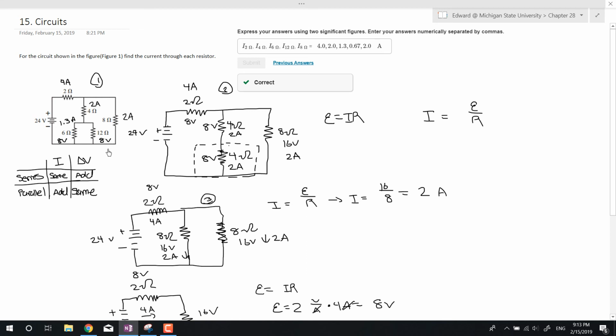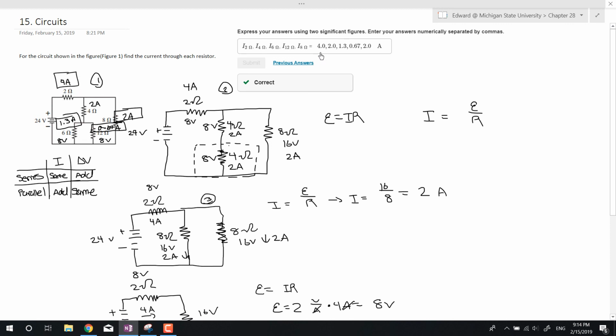And then 8 divided by 12, which is just going to be 0.67 amps. And that's it. So answer 1, answer here, answer here, answer there.